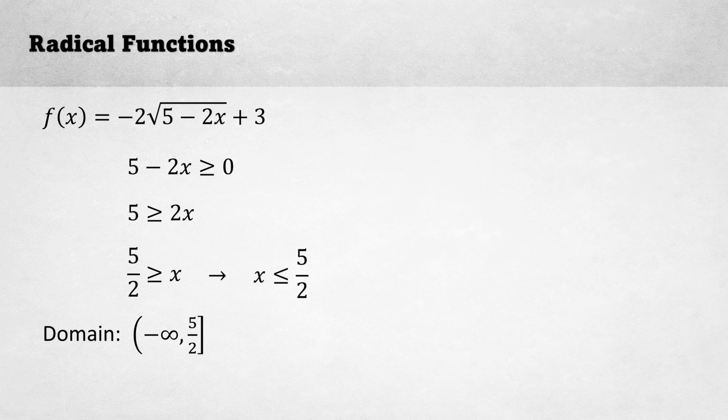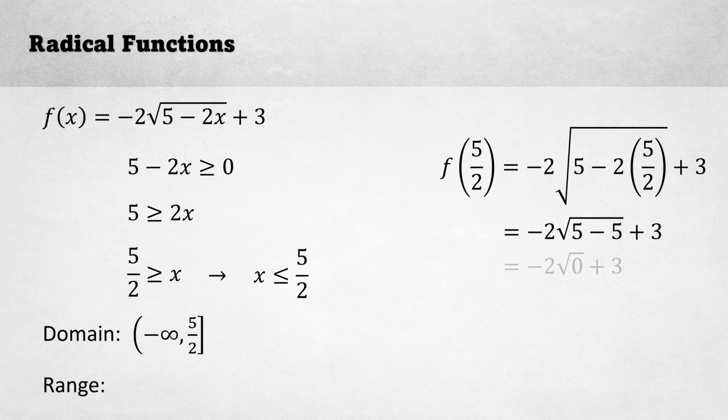Let's evaluate the function at 5/2 to find the range. f of 5/2 is 3. So the range is either all real numbers greater than or equal to 3, or all real numbers less than or equal to 3. Because the square root is multiplied by a negative number, the function grows towards negatives, so the range is -infinity to 3.